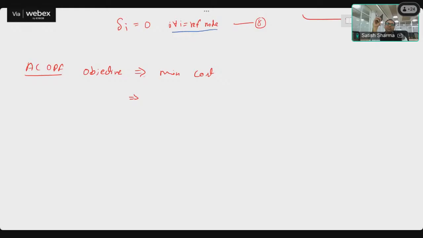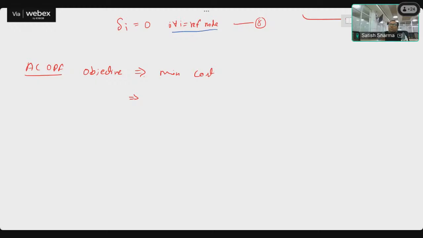Say a particular line has very low impedance, so most of the power in the network tries to flow through that line. We would like to utilize that line to the best extent, so we will try to have a maximum active power flow through that particular line.